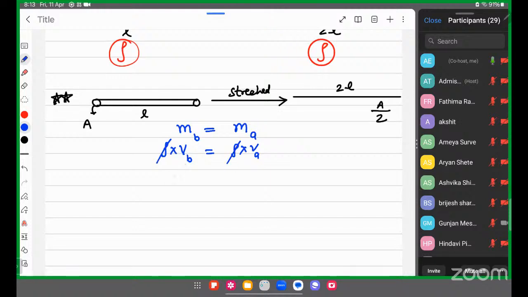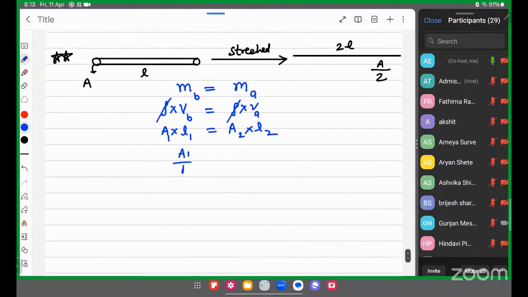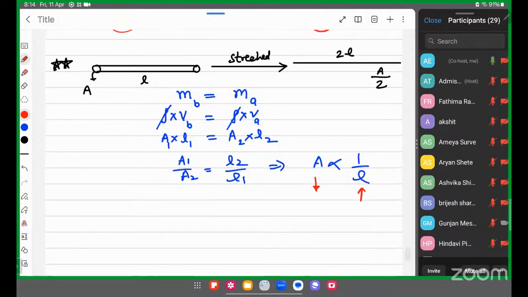Volume is base area into length. So this will be A1 L1 equals A2 L2. And now you will get a relation A1 by A2 is equal to L2 by L1, which states that area is related with length inversely, which indicates that if you increase length by a certain factor, accordingly area of cross section will decrease. That's why it's happening.